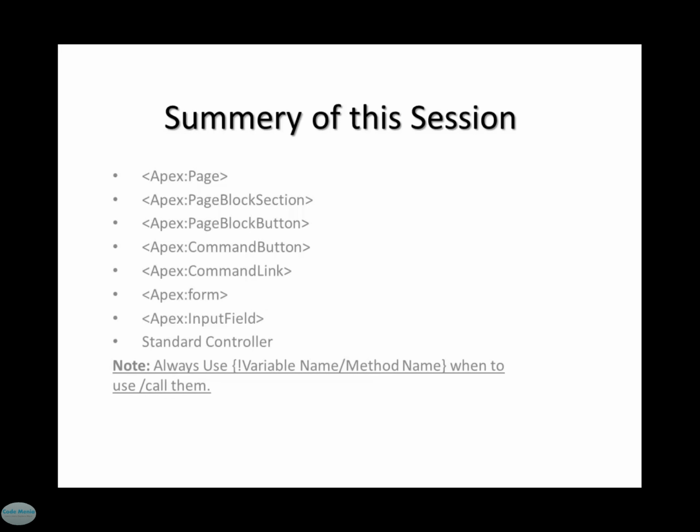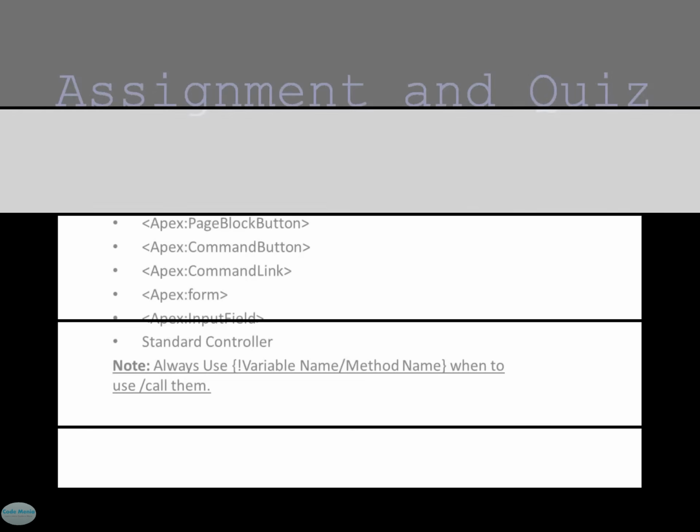Always use curly bracket and then exclamation sign, then the variable name or method name, then curly bracket close, when you use or call them. That means to use a variable name, use curly bracket, exclamation sign, variable name, or to call a method, the same.